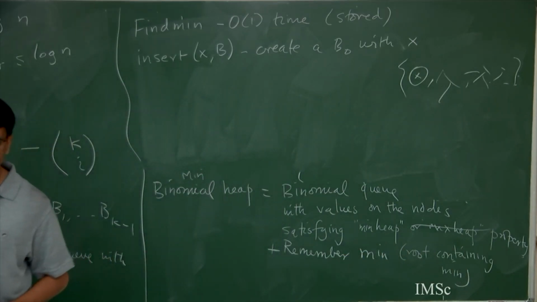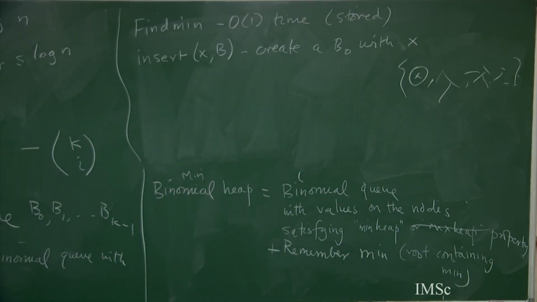We are not done yet. Why not? If there is already a B0, then remember in our definition of a binomial heap, we said for any i there can be at most one B_i. If my heap already has a B0 sitting there, then I violated that, so I have to fix it somehow.